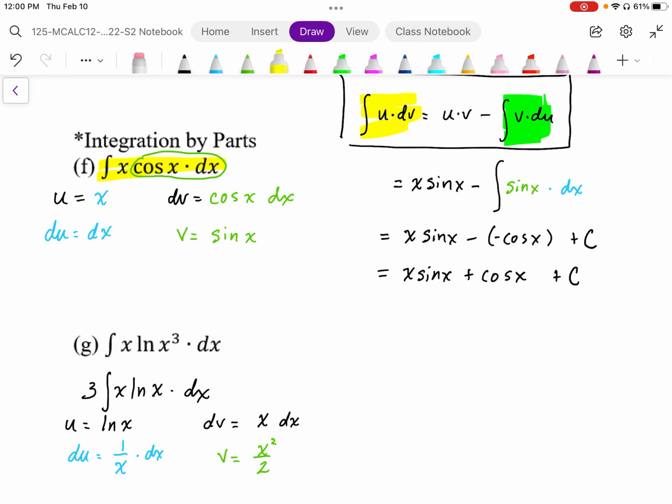So this expression, I'm just going to generate an equivalent integral that hopefully is easier. So this looks like this. This is an equivalent. So I'm going to do u times v. So u times v is log x times v, which is x squared over 2. Okay, and oops, I need to make sure I have my 3 in there.